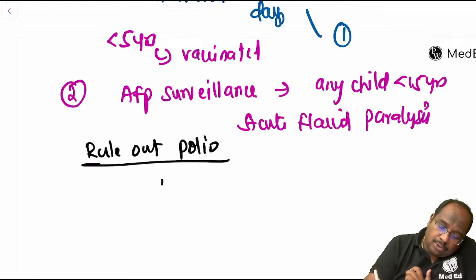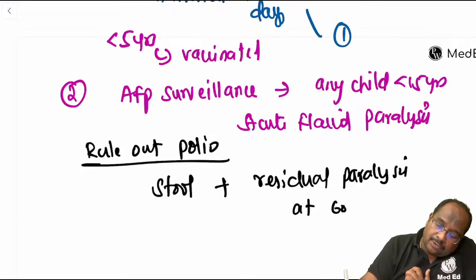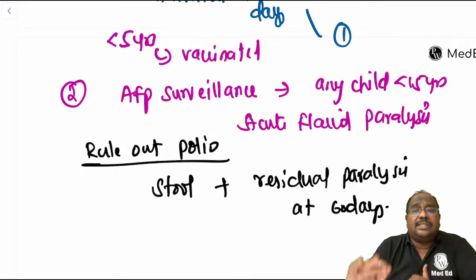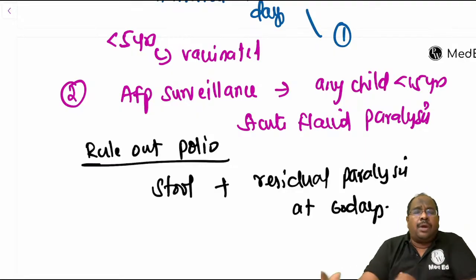You have to collect stool specimens, and you have to check for residual paralysis at 60 days. Any child less than 15 years, you have to rule out polio.